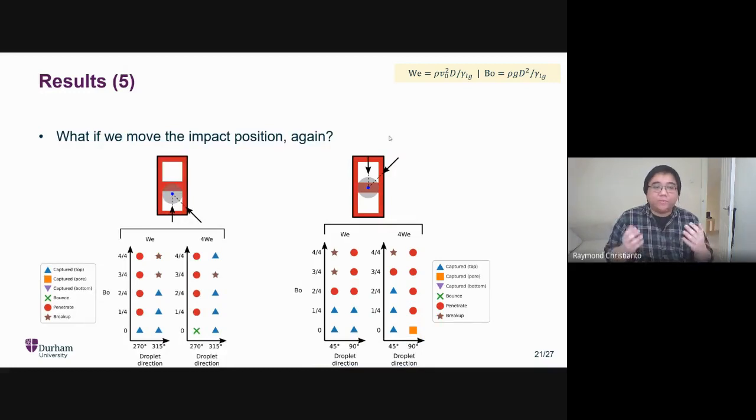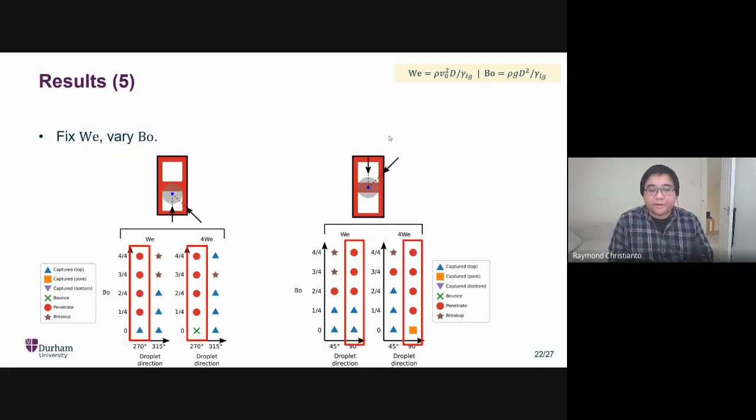So okay, let's move the impact position again. Let's move them slightly downward, so slightly closer to the pore, but we change the droplet trajectory. Now, what if we move from bottom to top and bottom right to top left? So we see a similar trend.